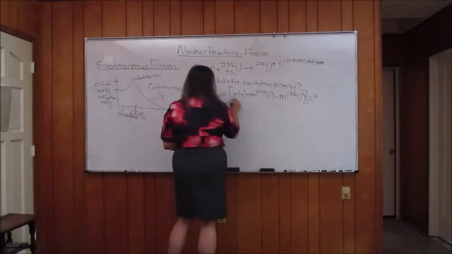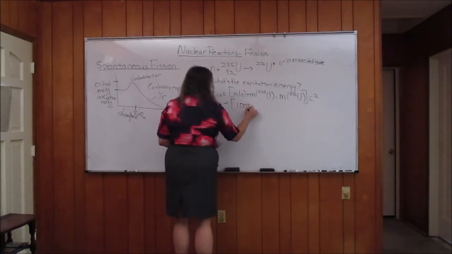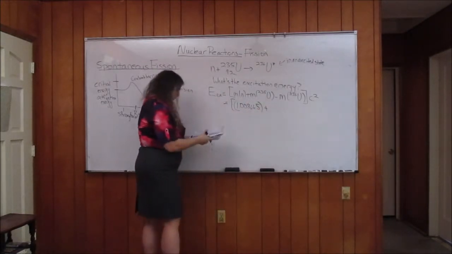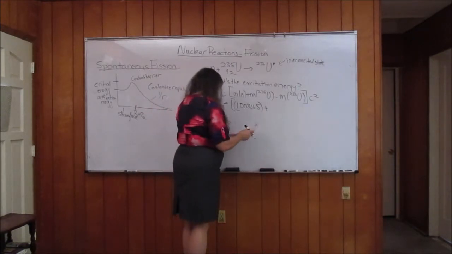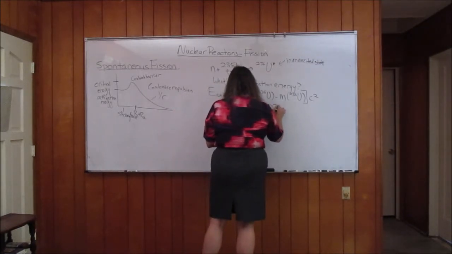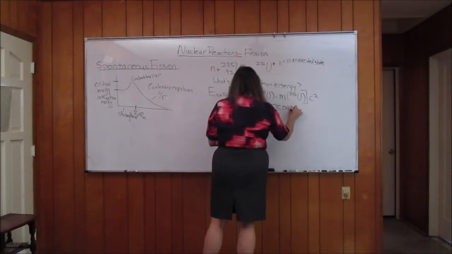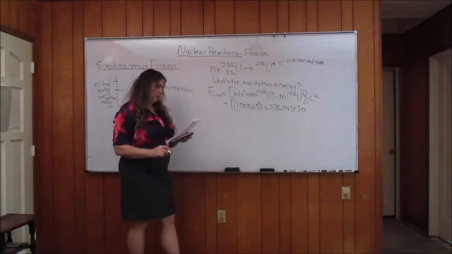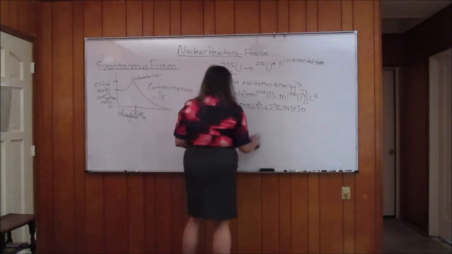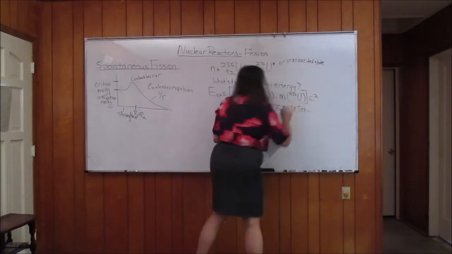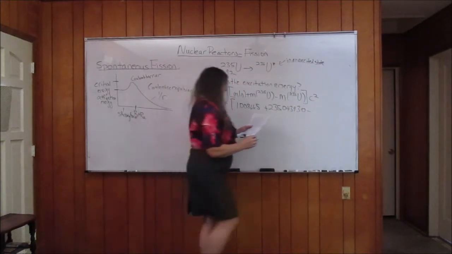So if we do the math here, mass of the neutron once again is 1.008665 plus mass of uranium-235 is 235.043930, and minus the mass of uranium-236 when it's in the ground state.